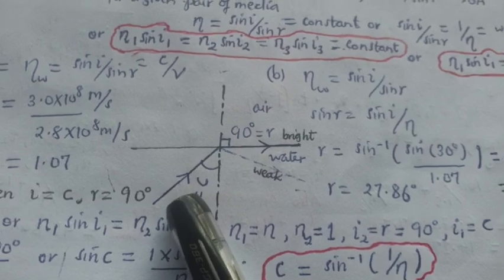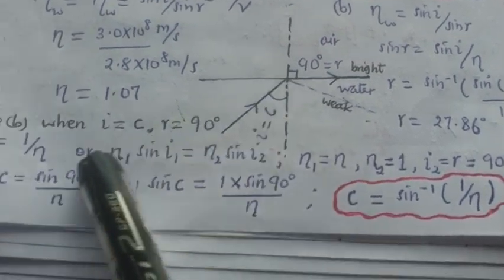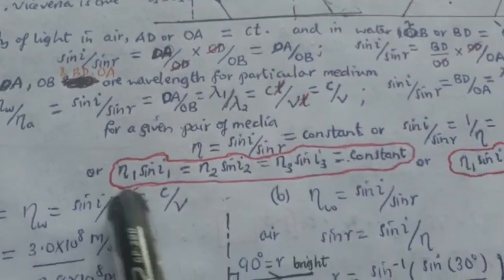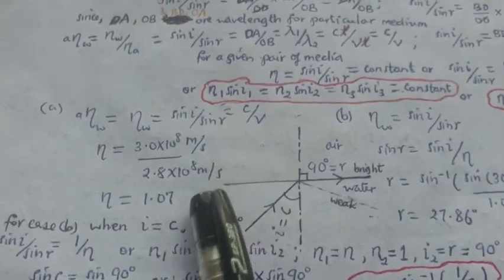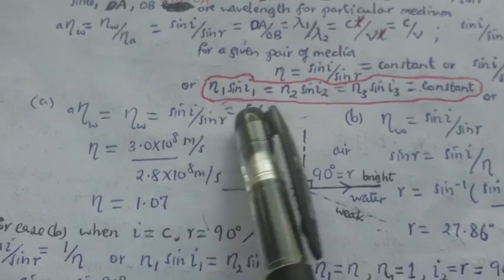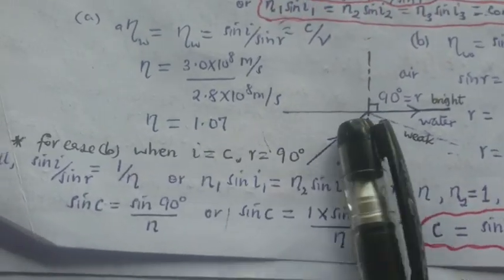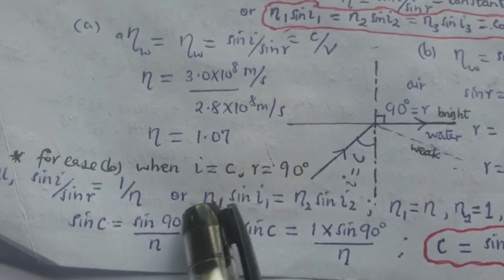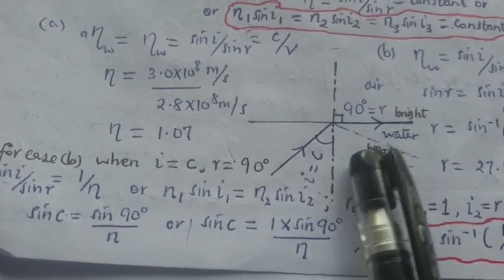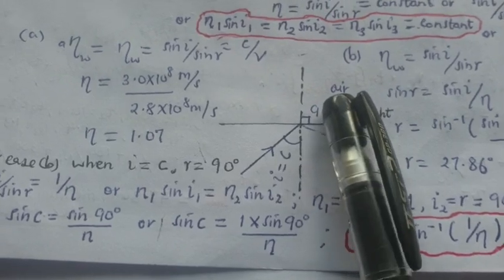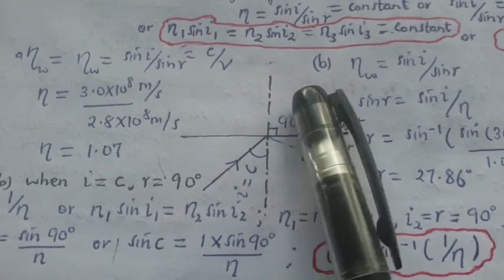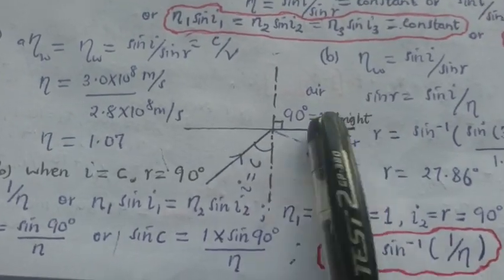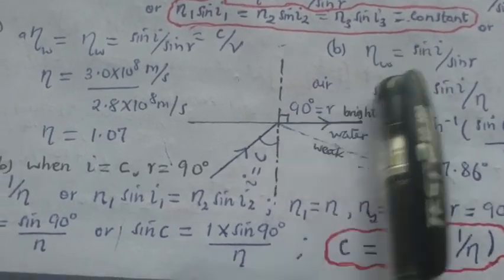Now at these conditions where i is equal to C, we apply just the same general formula, because we just regard the arrangement of the media with their respective angles. When we take this as medium 1, we have refractive index 1 here, and when we take this as medium 2, we have refractive index 2 with the angle of refraction, that is incidence 2, which is equal to r, which is 90 degrees.